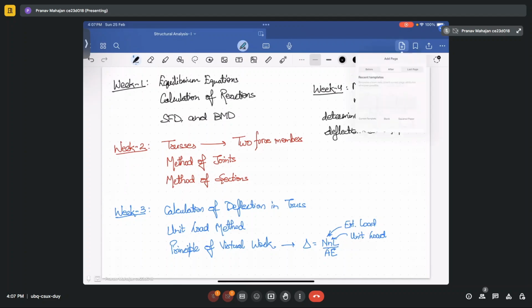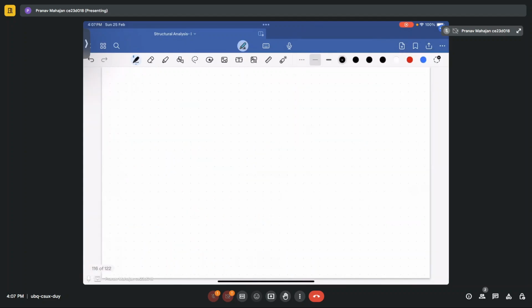In week 5, we have seen how the conjugate beam method can be applied on beams and on frames. So in week 5, what we have covered is the conjugate beam method.